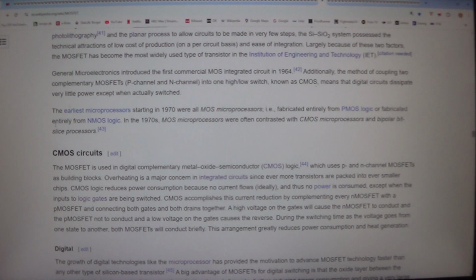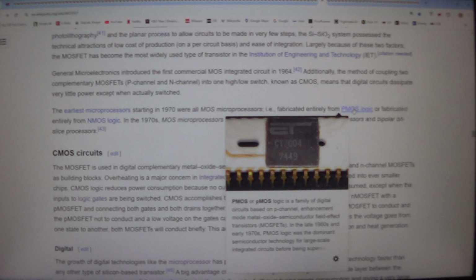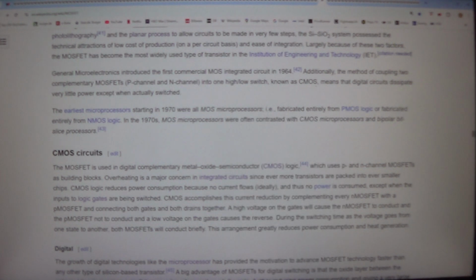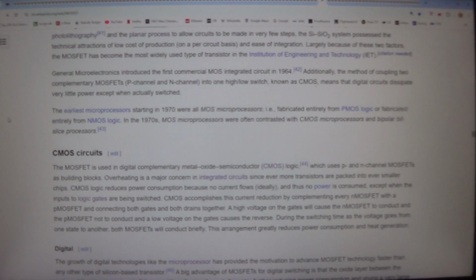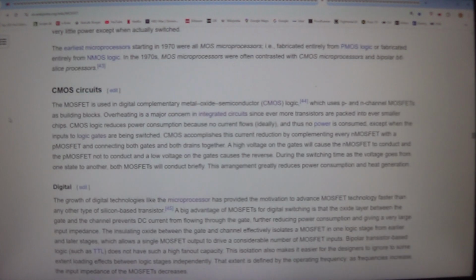The earliest microprocessors starting in 1970 were all MOS microprocessors, i.e., fabricated entirely from MOS logic. In the 1970s, MOS microprocessors were often contrasted with CMOS microprocessors and bipolar bit slice processors.